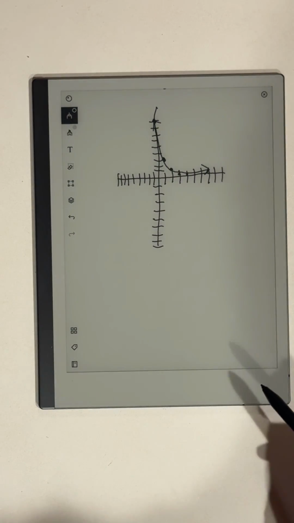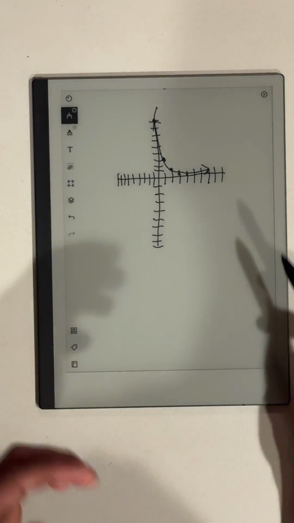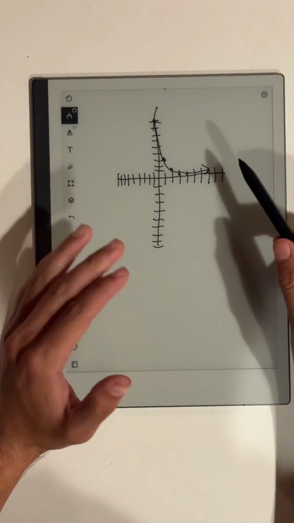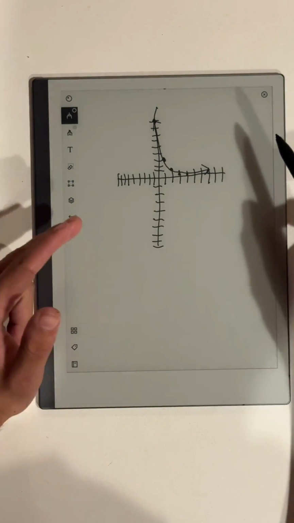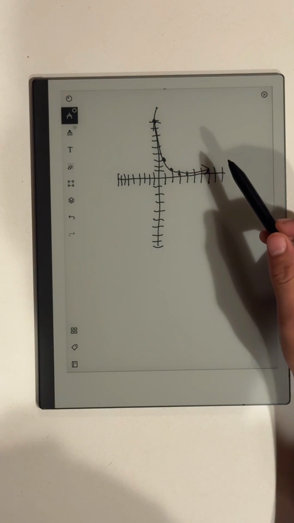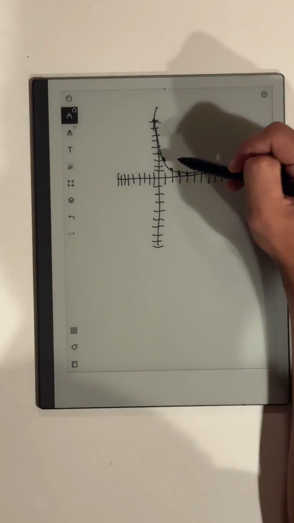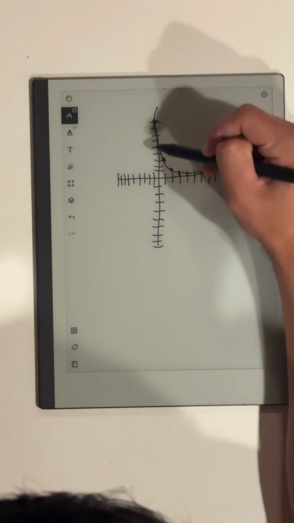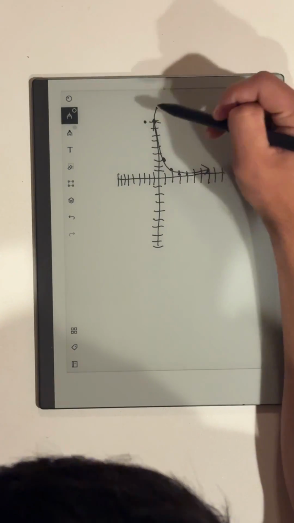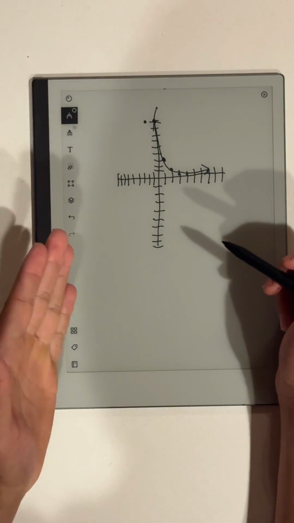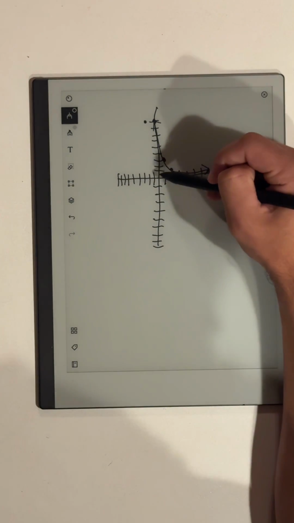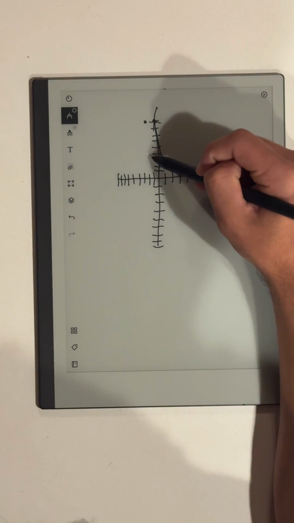But let me show you the graph that it was before, so you can kind of get a visual of how we shifted it to the right. So this is going to be our first graph, our original graph. We're basically just going to move it 2 points to the left every time. So this one's going to be (-1, 3).